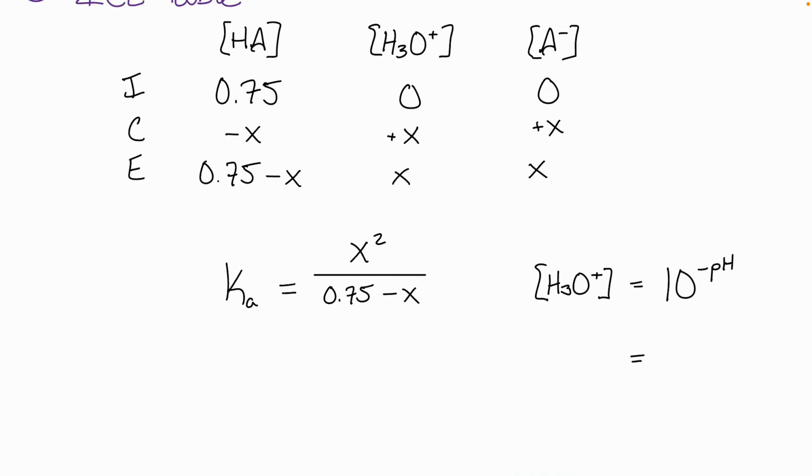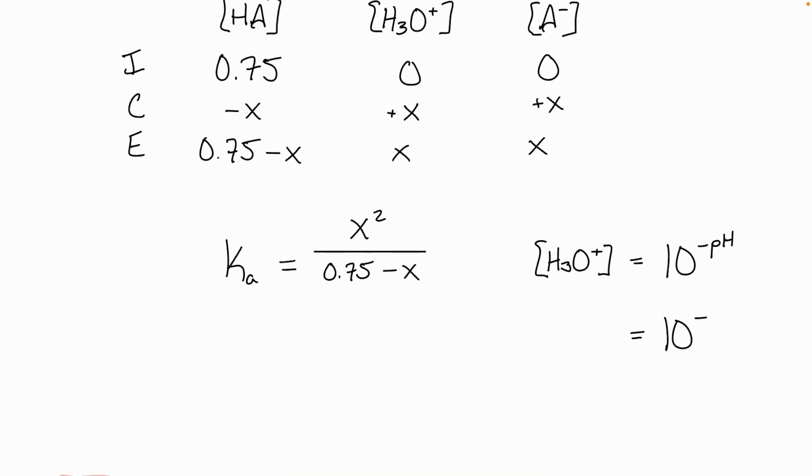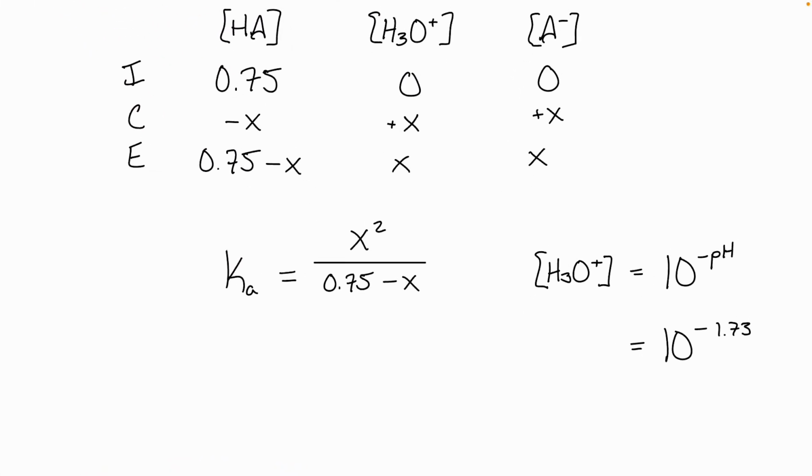So my pH was negative, what was it, 1.73. And my concentration of hydronium is that X value. So X is equal to 10 to the negative 1.73.